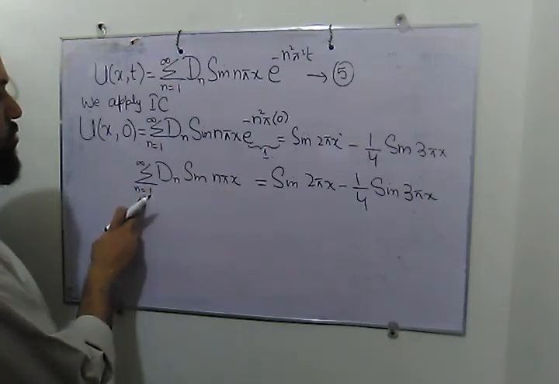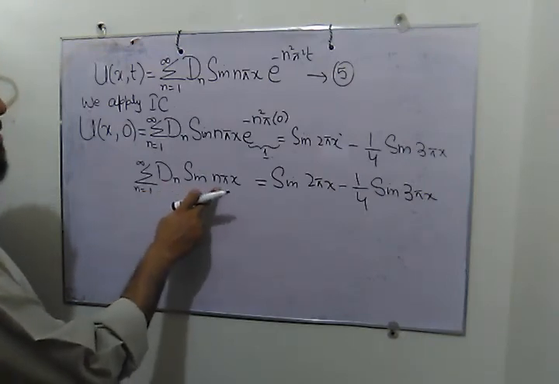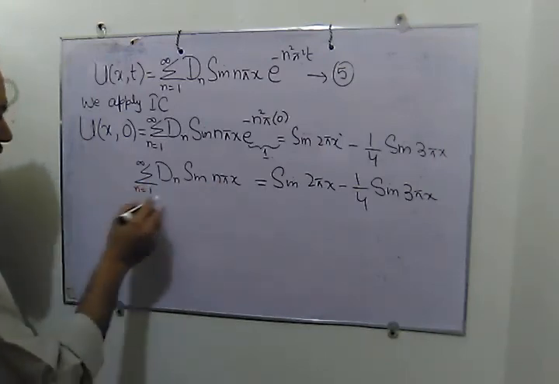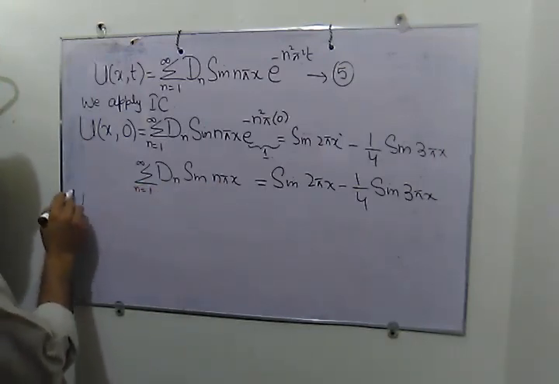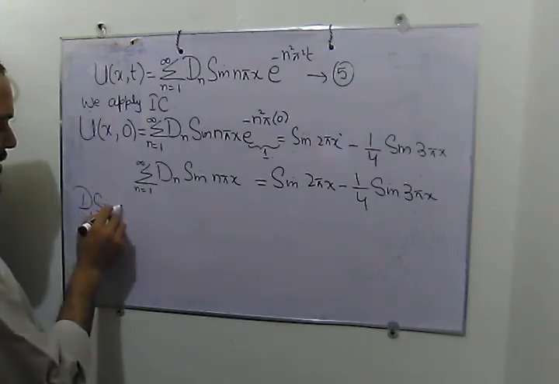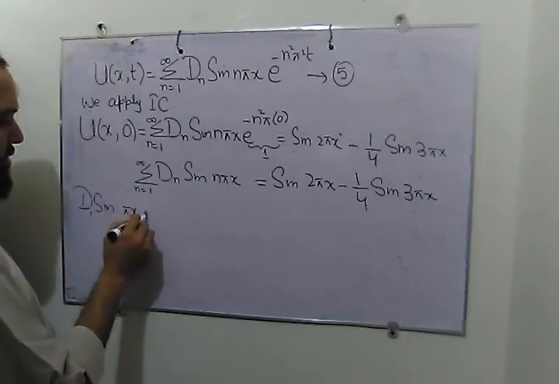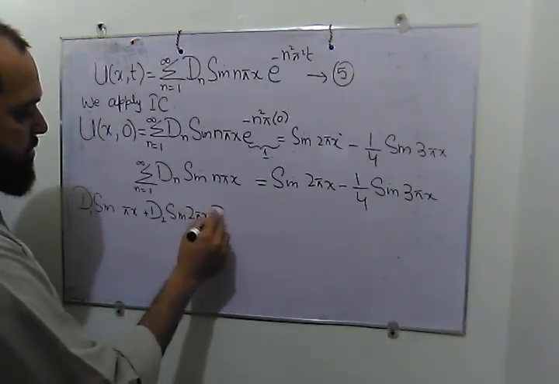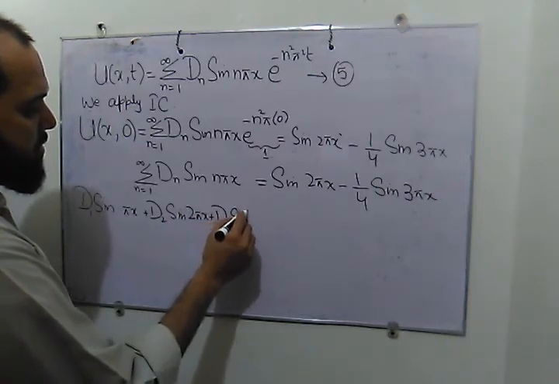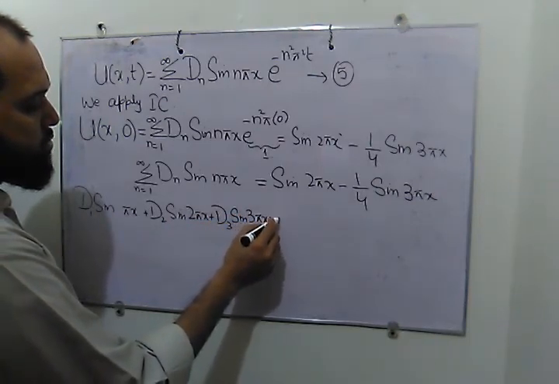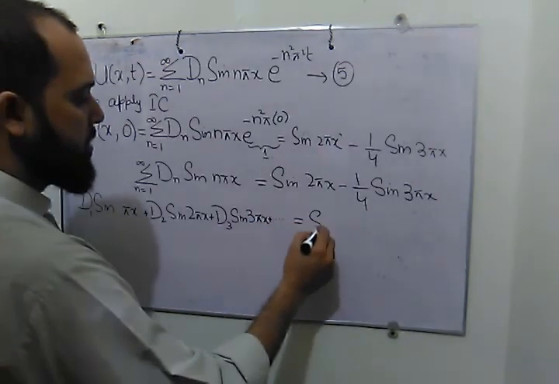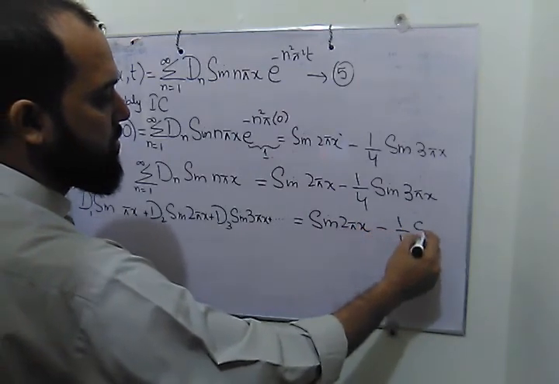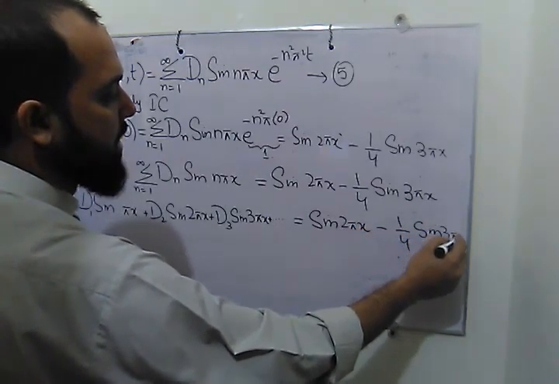When we put n is equal to 2, we have d2 sine 2 pi x. When we put n is equal to 3, d3 sine 3 pi x. So the situation here is something like this: d1 sine 1 pi x plus d2 sine 2 pi x plus d3 sine 3 pi x plus so on, and that is equal to sine 2 pi x minus 1 upon 4 sine 3 pi x.